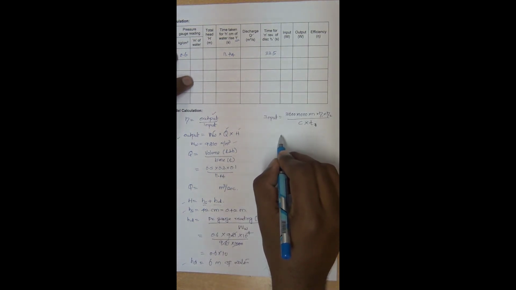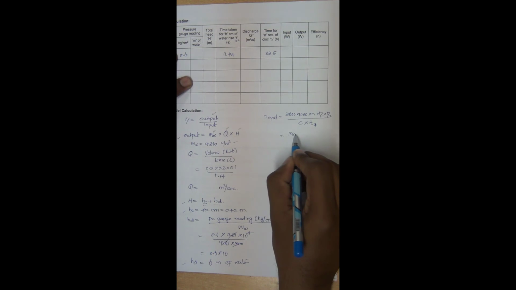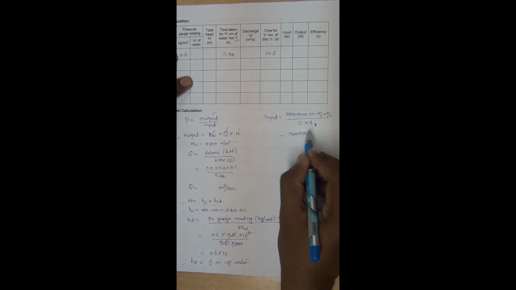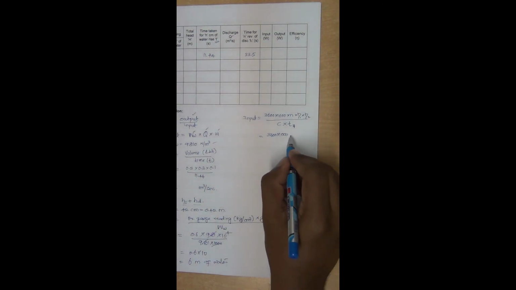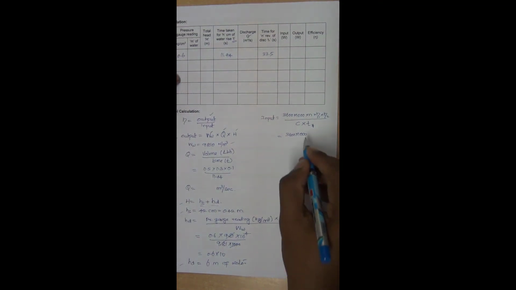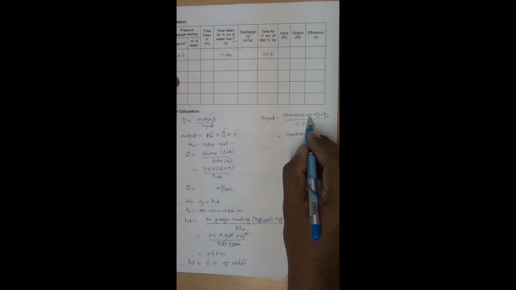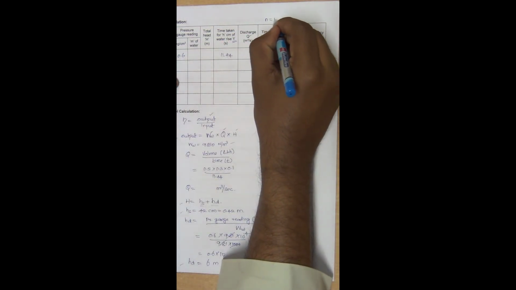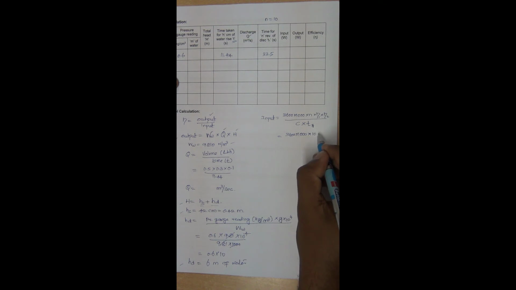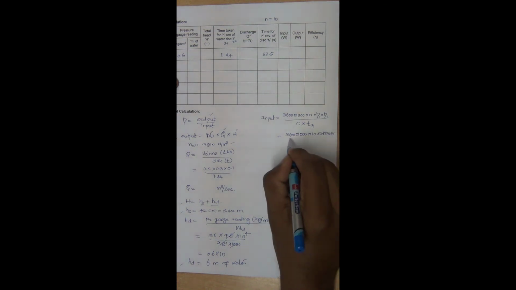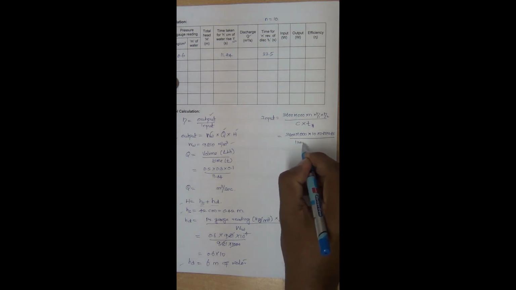The only column left is input power, for which we have the formula: 3600 into 1000 into small n, which is the number of revolutions. For the jet pump, small n is equal to 10. So 10 revolutions into 0.85 into 0.85 divided by C, which is 1200 for the jet pump, and T1 is this time, 33.35.